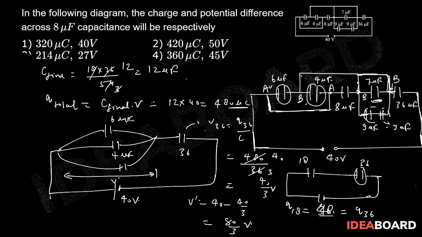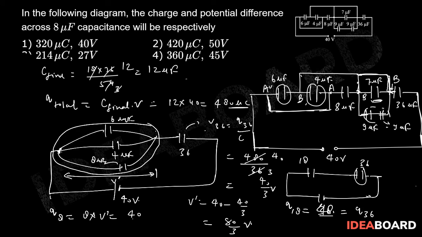What is the advantage of having this? Charges will be the same on series capacitors, but in this system the charges will distribute, because this is the parallel system. So what will be the same? The potential drop. Now pretty easily I can say that Q8, this is the 8 microfarad one, will be equal to 8 into V dash.